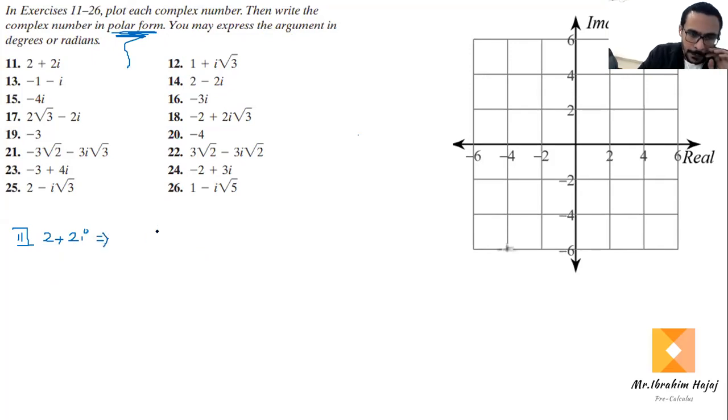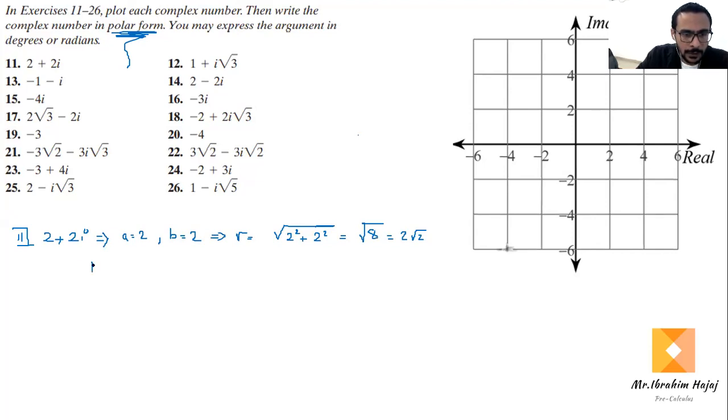Simply we have a equals 2 and b equals 2. So what is r? r equals the square root of 2 squared plus 2 squared, which is the square root of 4 plus 4, equals the square root of 8, which is 2 radical 2.